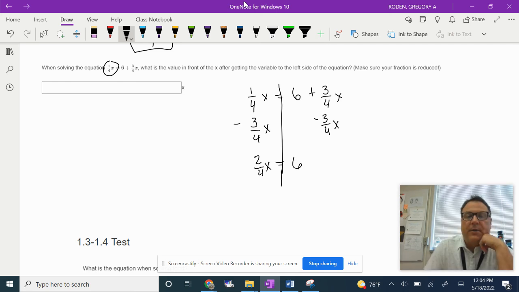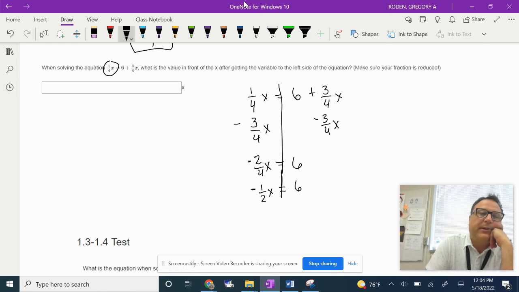Now, negative 2/4 is negative 1/2. Let me make sure my math is right: 1 minus 3 is negative 2, so negative 2 over 4 is negative 1/2. So this should have been your answer.